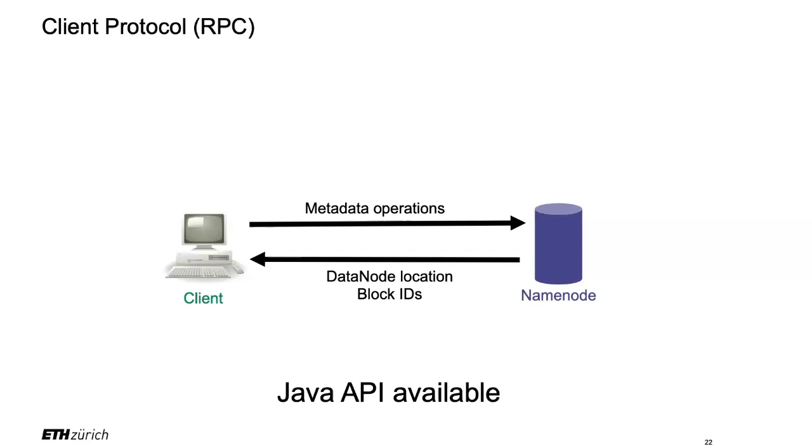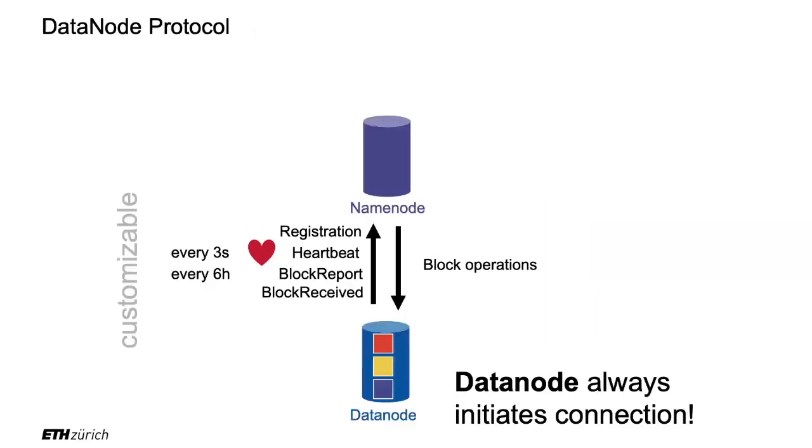For example, you want to create a directory, you want to delete a directory, you want to initiate the creation of a file, you want to start reading a file and so on, always go to the name node. The name node will help you. It will give you the location of the data nodes you have to go to fetch the data. It will give you the block IDs that you need to get for a file and so on and so on. This is all doable with a Java API, okay?